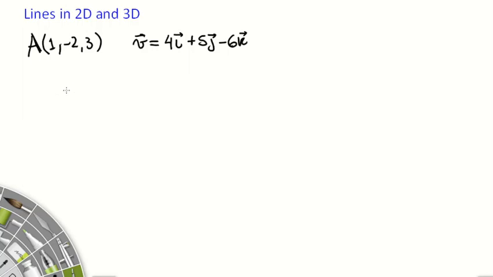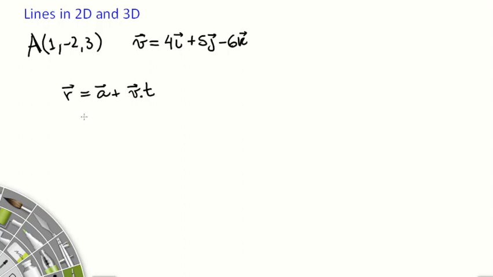So our vector equation, again, r is our vector, is simply vector a plus, in this case, v t. And this is kind of like a dot product, isn't it? Now this t is a scalar.